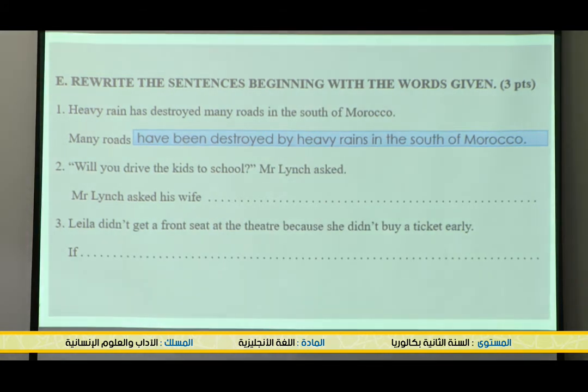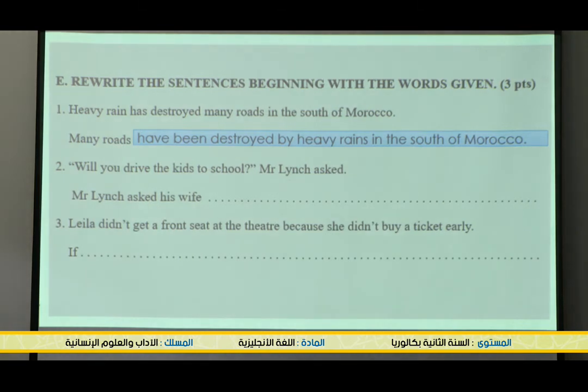As you can see here, many roads, it's the subject. We have the tense, which is the present perfect, okay? And here we have verb to be, have been destroyed by heavy rains in the south of Morocco. So here you have also to decide, to know the tense before you try to give the answer.